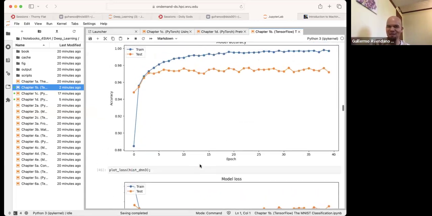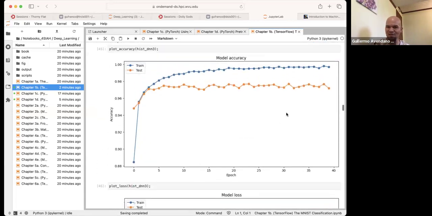I am getting the accuracy of my training set. This blue line is the accuracy of the training set. This is the set that was used to train them. But I always keep under the drawer the test set. It's a portion of values, figures, images that were not used to build or adjust the parameters of the neural network.